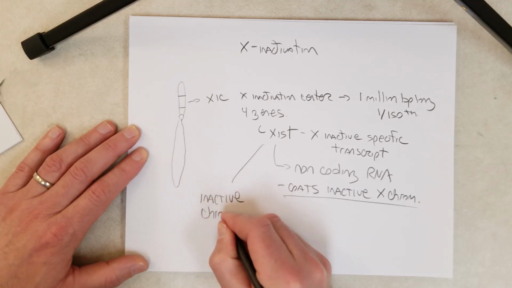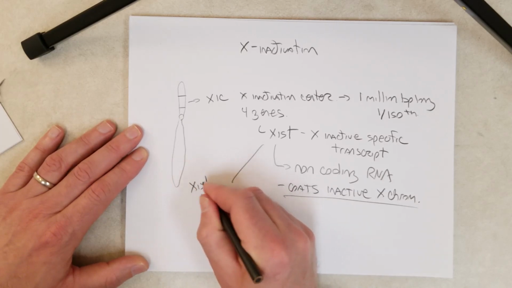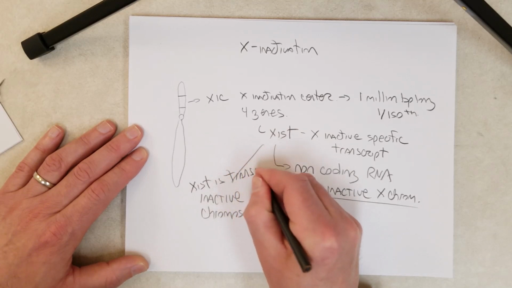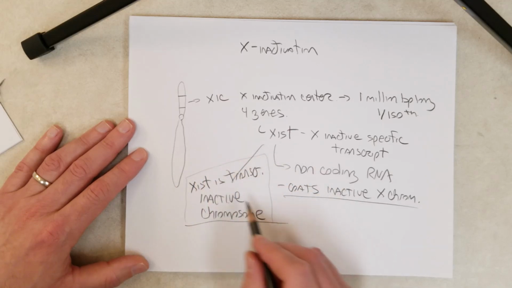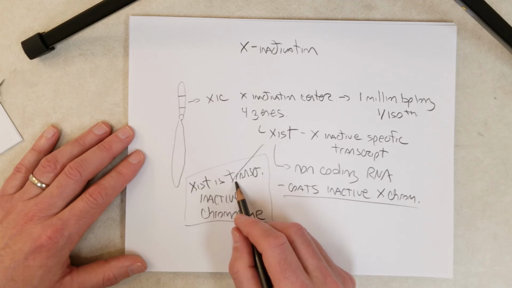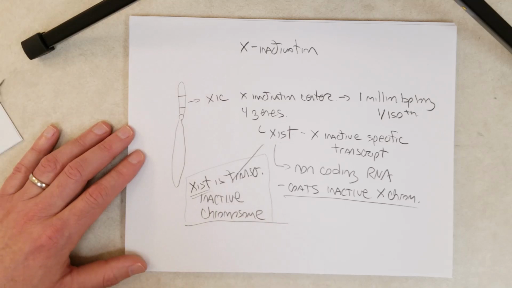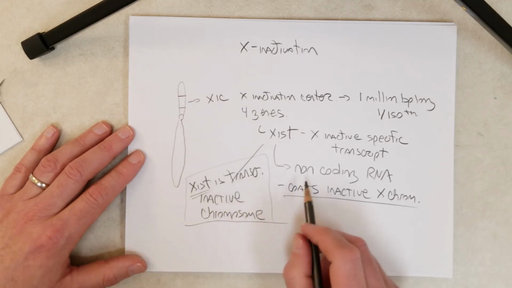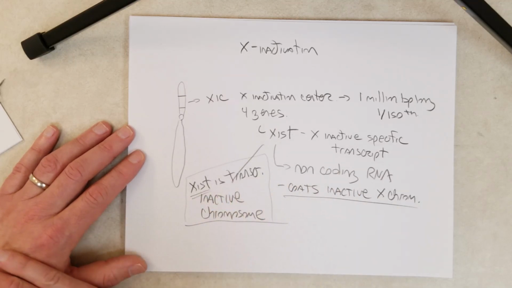So XIST is transcribed continuously from the inactive chromosome. So it's sort of counterintuitive, right? Most of the genes on the inactive X chromosome are not transcribed, but XIST is transcribed, and then that non-coding RNA covers that chromosome in the Barr body.